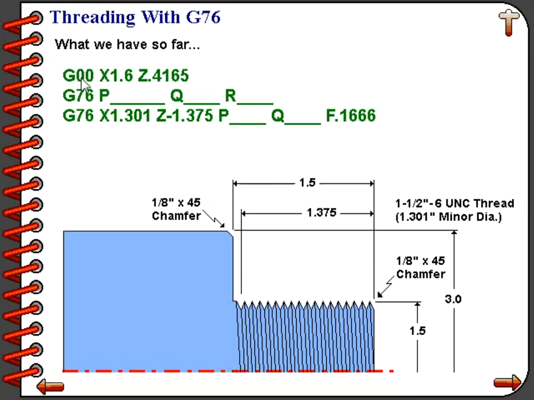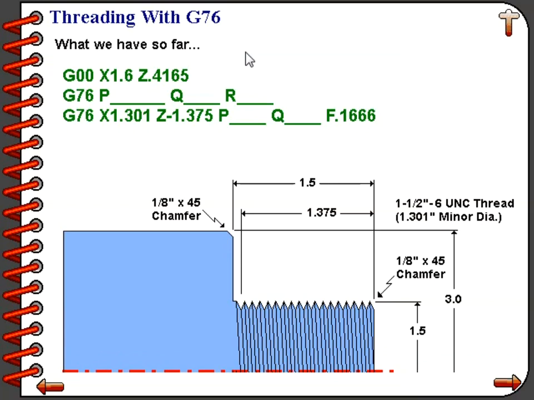Our major diameter happened to be 1.5 inches, so we went slightly larger than that at X of 1.6. We calculated our Z convenient starting position by taking 2.5 times our pitch, which in this case was 0.1666, and we came up with a value of 0.4165. So that became our convenient starting position for the Z-axis.